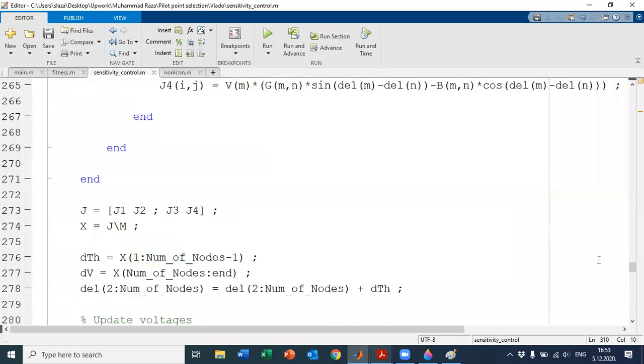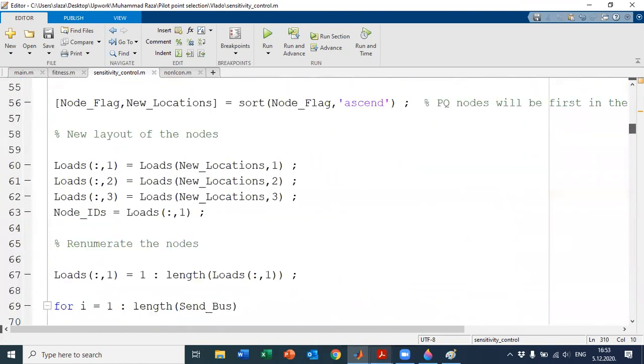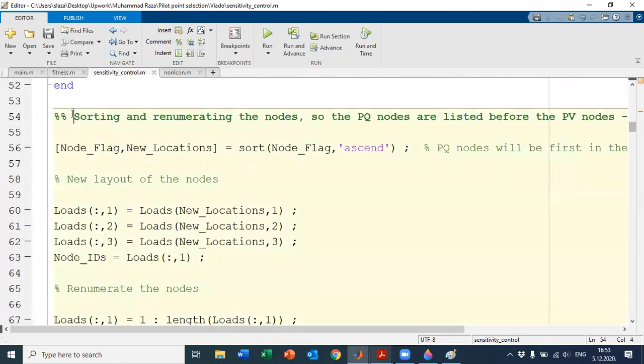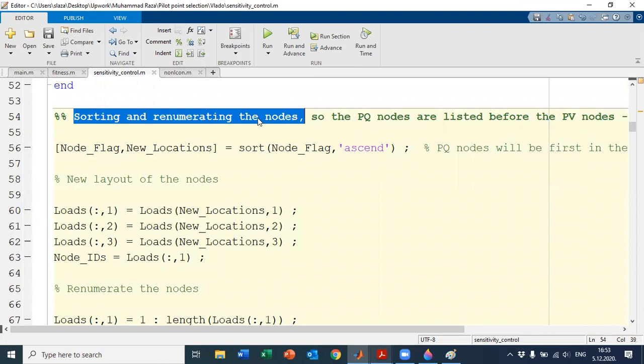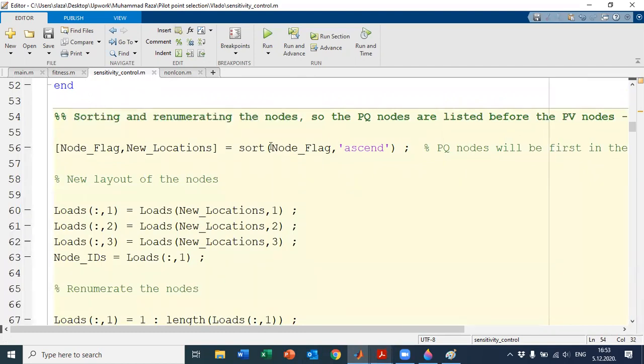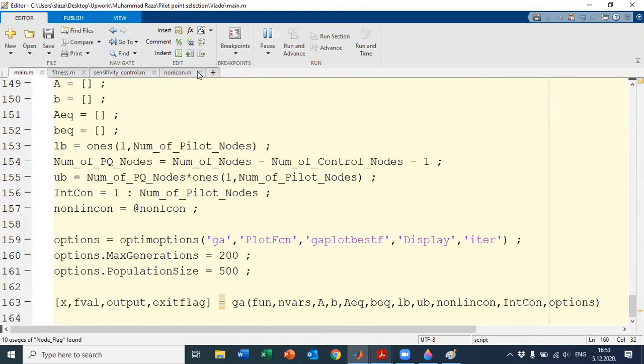So if we take a look at here, we sorted and renumerated the nodes, and the nodes are renumerated according to the node flag. And the node flag, let's for example run the code, and let me just show you what the node flag is.